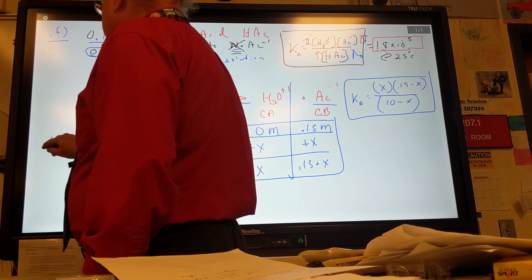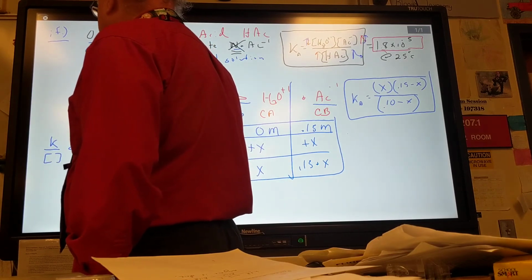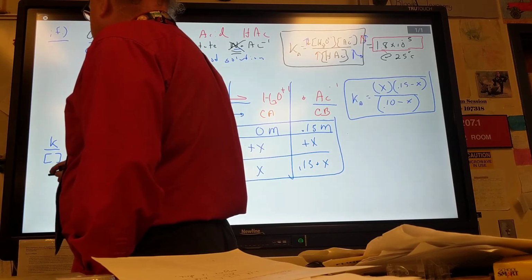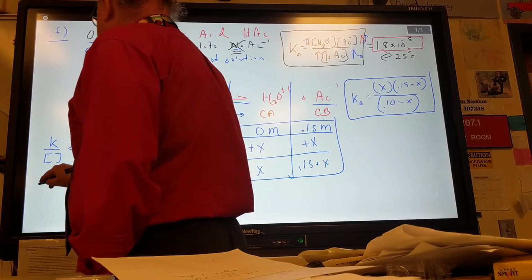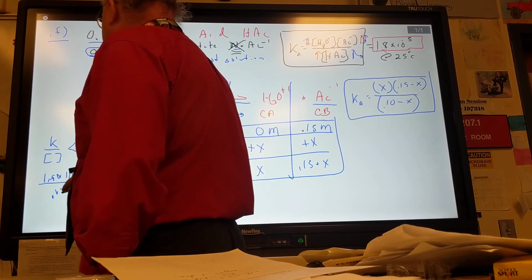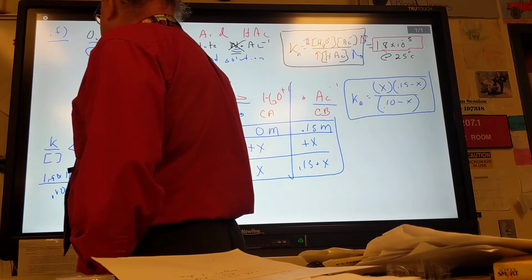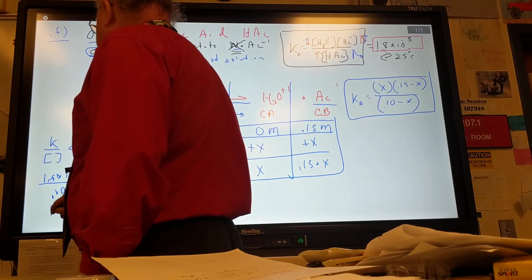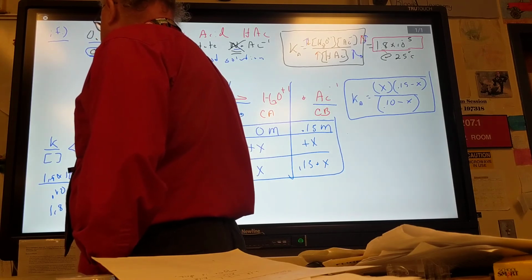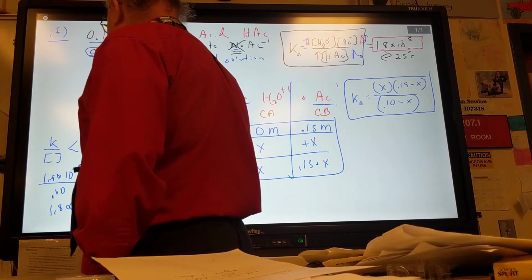If my K value over the initial is less than 10 to the negative third, then I'm insignificant. If I go 1.8 times 10 to the negative fifth over 0.10, is less than 10 to the negative third. This number becomes 1.8 times 10 to the negative fourth, and that is less than 10 to the negative third.